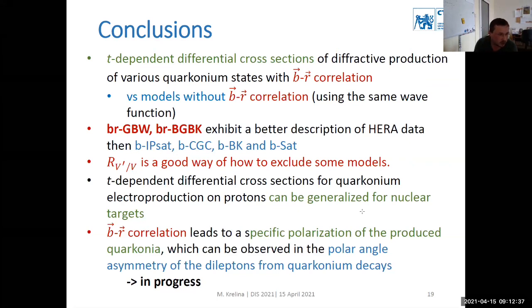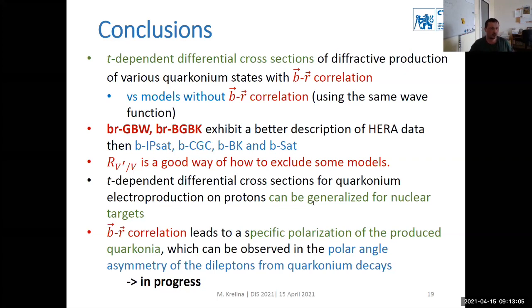Okay, so as I said, the ratio is a good way to exclude some models, not only of the dipole cross section, but also, for example, the wave functions, specifically the potential. In general, of course, this is going to be generalized for nuclear targets, especially as we now have new data from ALICE for t-dependence.